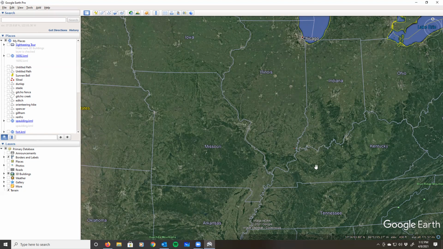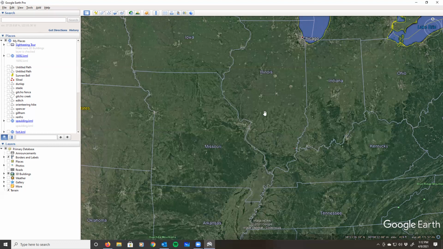In the case of the eastern zone, the origin is somewhere down here in western Kentucky, but that's where the coordinate values start from, at 700,000 meters east and 0 meters north at that origin location.